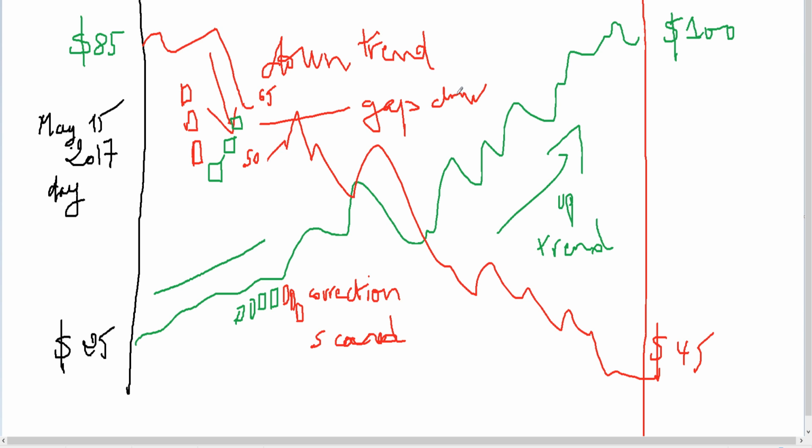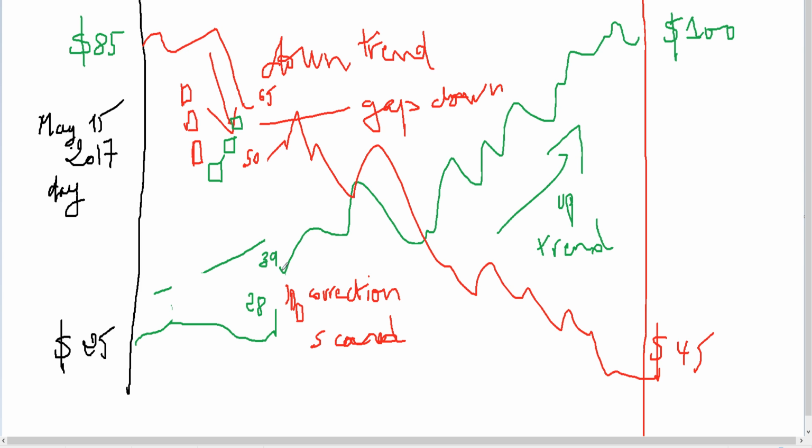Now, when the stock is going up, most of the time we have what we call a gap up. Let's say the stock is just going up like this, here it is 28, and then it goes to 39.